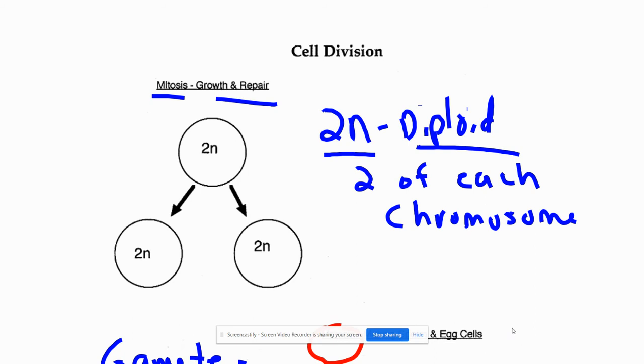In mitosis, you start with a diploid parent cell, it copies all the DNA, and then it divides, and you end up with two diploid daughter cells that are identical. They are exactly the same as the parent cell. The purpose of mitosis is for all the growth you've ever done in your life, all the repair, all the replacement of cells. This is going on trillions of times in your body a day. You're creating new cells through what's called mitosis.